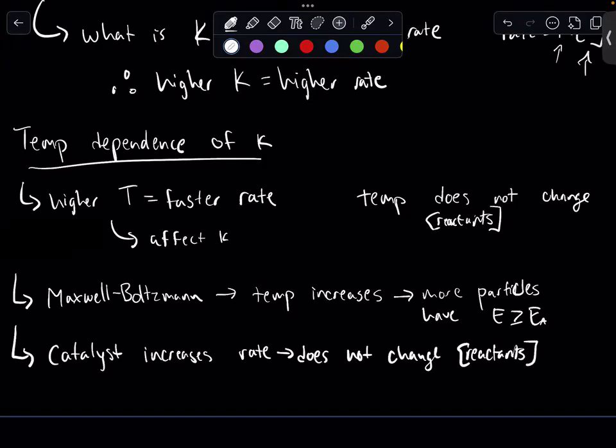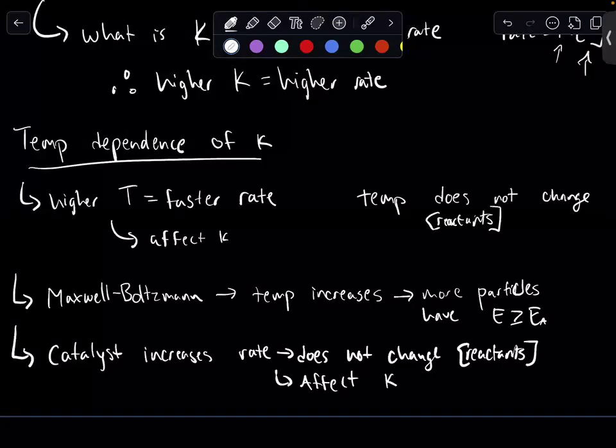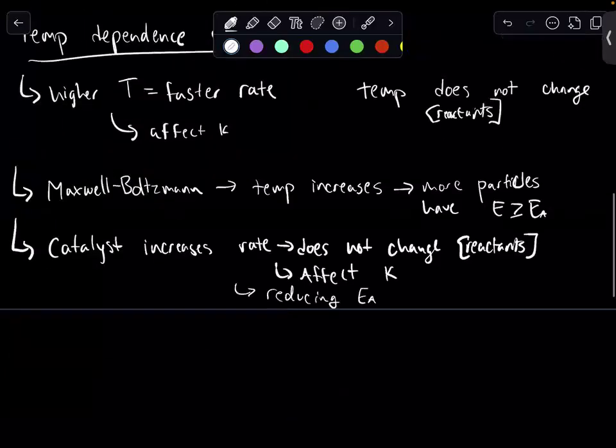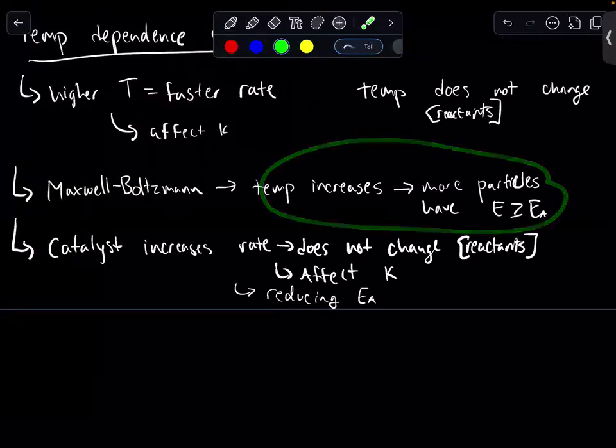So because catalysts don't change reactants, it must affect K. And we know it does that by reducing our activation energy.